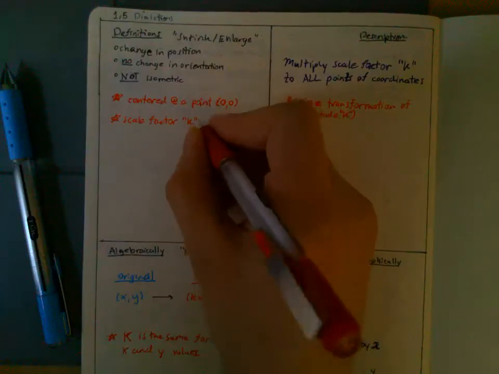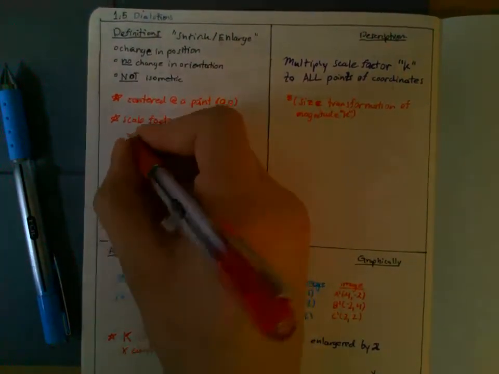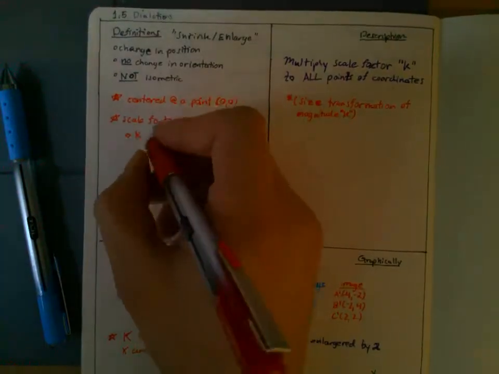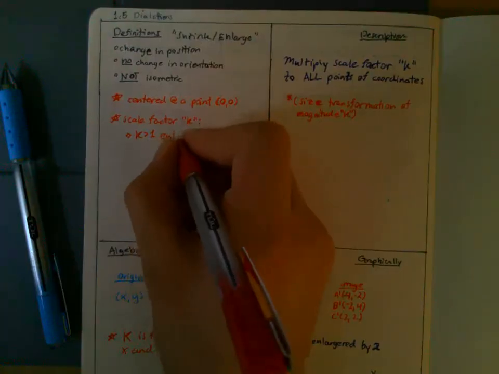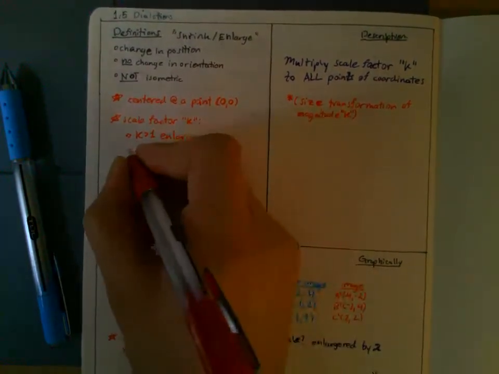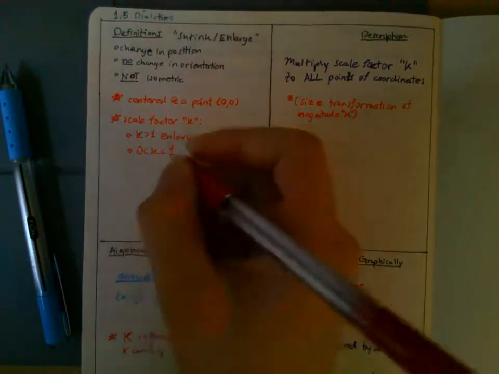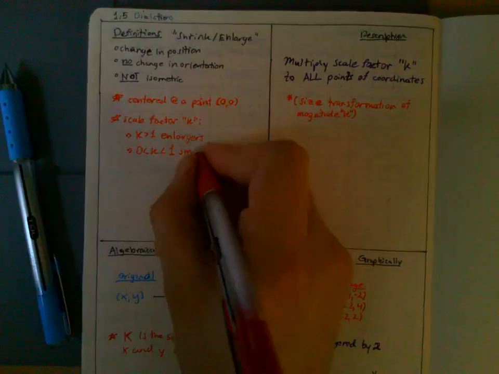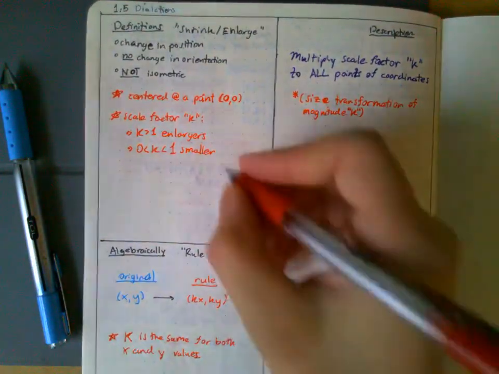This is important to note: if k is bigger than 1, it enlarges. If k is between 0 and 1, it gets smaller, or shrinks.